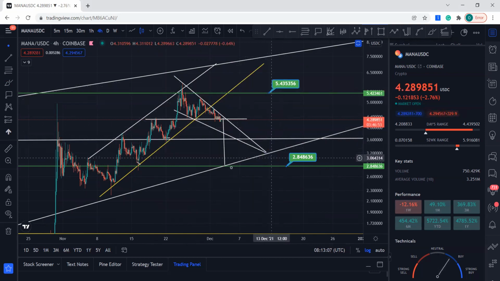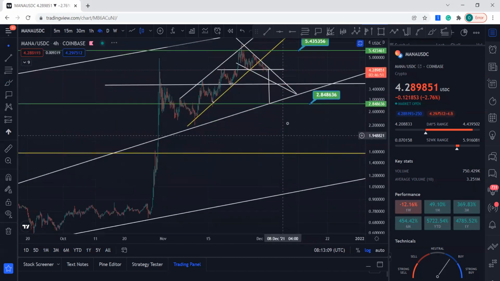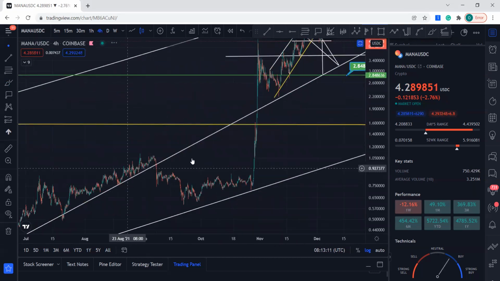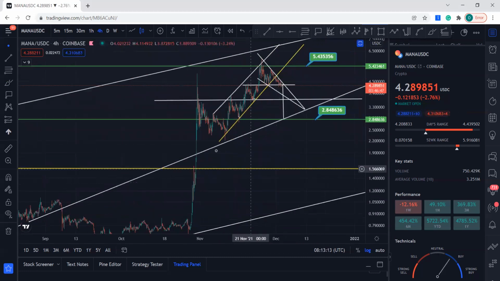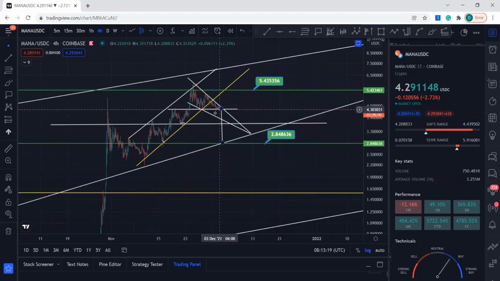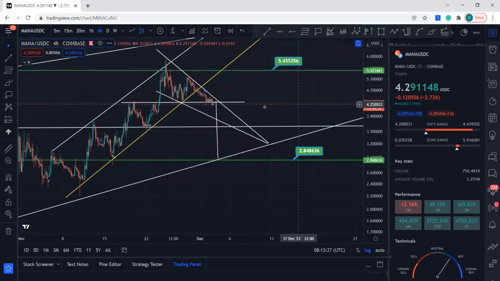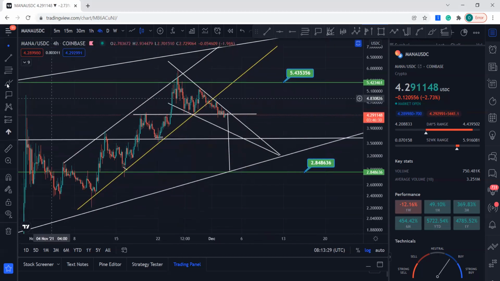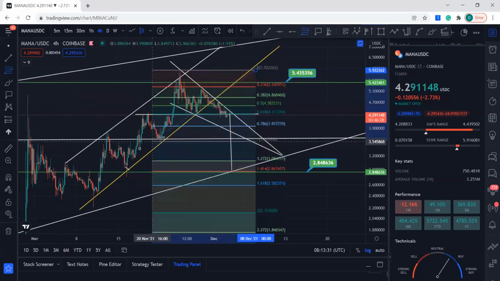This support line over here will come into play, because you can see when it fell, where this support was. I'm not saying it's going to dump like that; it can play out in these forms, and this is where your supports are.